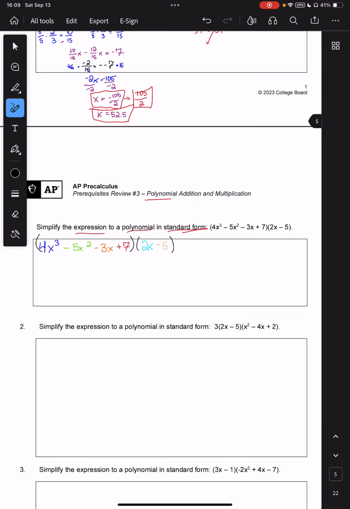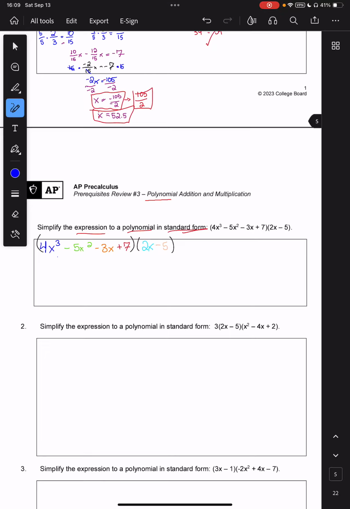So color coding is just going to help you see how the colors work when we multiply each of our terms out. So let's start by multiplying our 4x cubed, our dark blue. So this is FOIL, but FOIL is typically 2 by 2 terms. Right now we have 4 by 2, so it's a little bit extended FOIL.